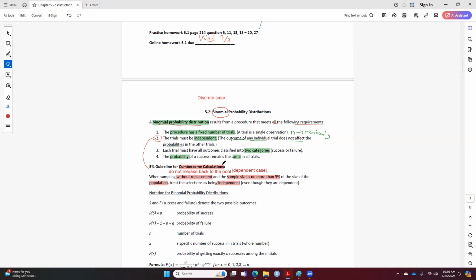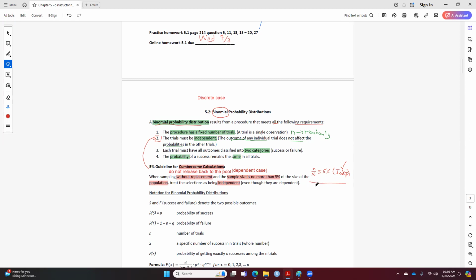So this is called a cumbersome calculation here. If your n over capital N is less than or equal to 5%, then we can treat this as independent. Okay, it means good news because our binomial needs independent.